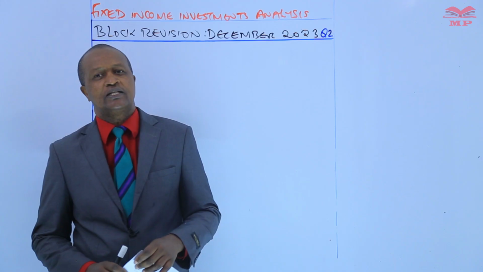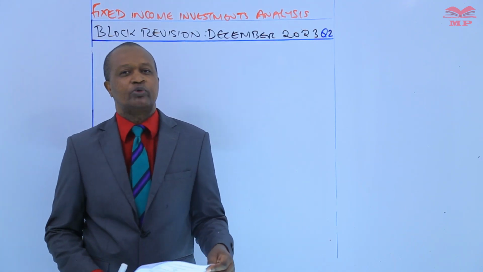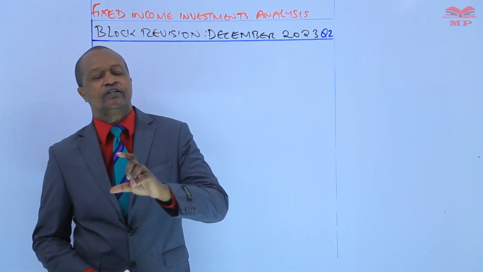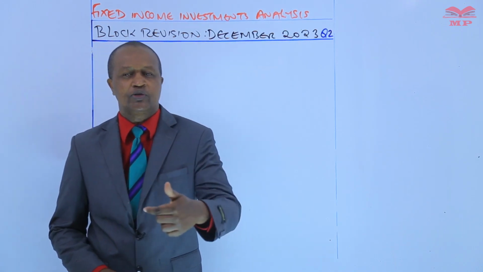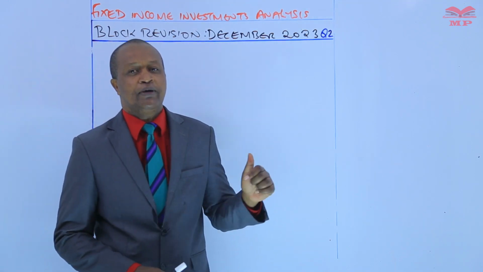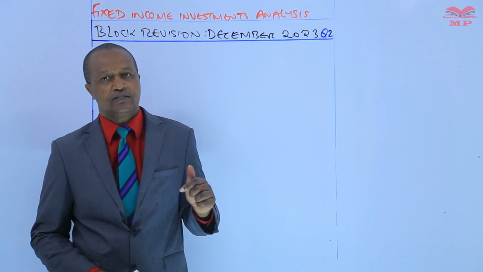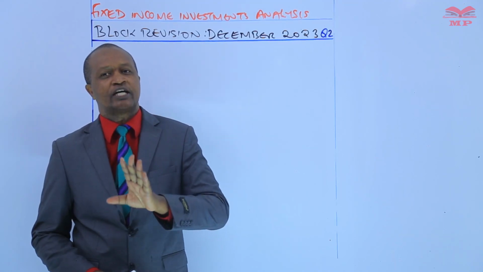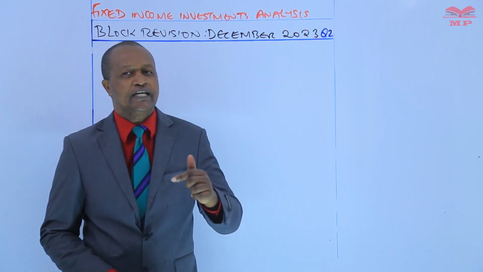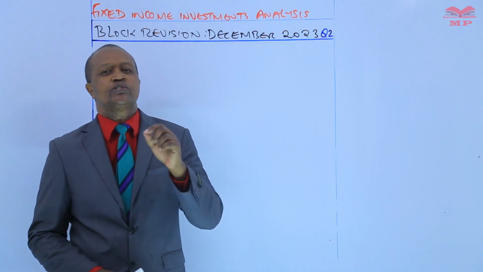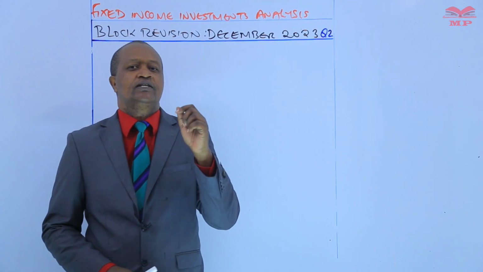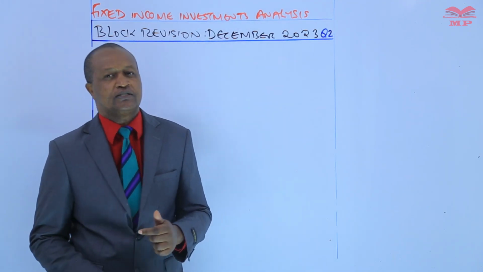Now, candidates, there are several types of bonds that come with embedded options, meaning they offer the issuer or the investor additional rights beyond the basic promise of principal repayment and the fixed interest payments.